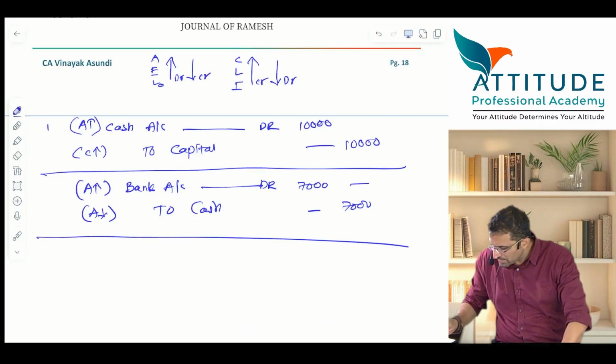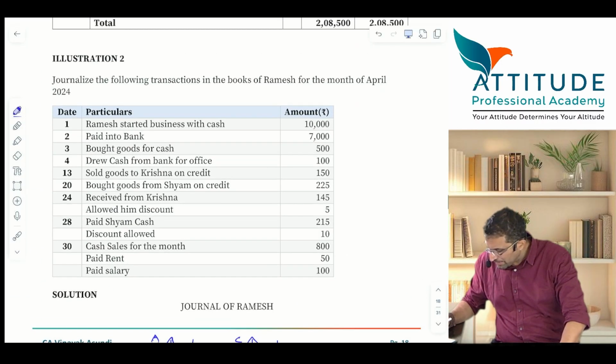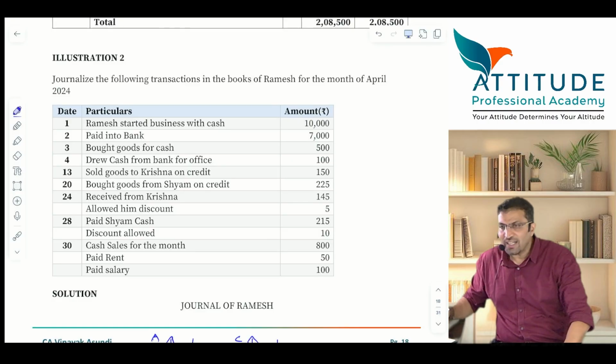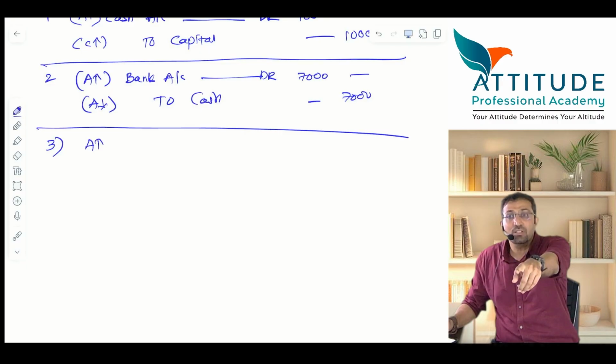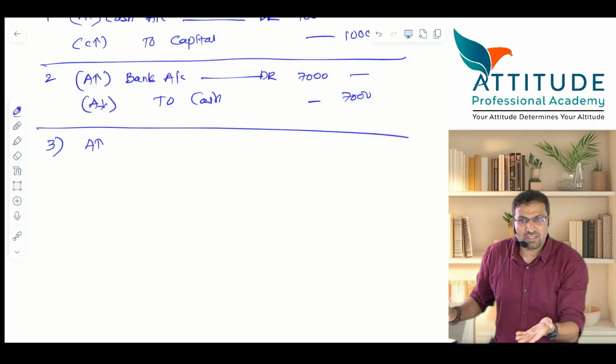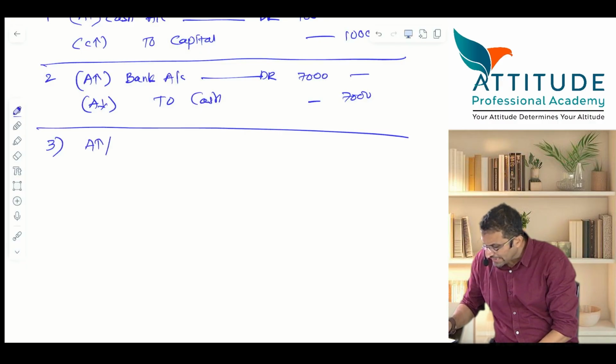Now next, third. This is on first, this is on second, correct? 2nd April. 3rd April, bought goods for cash. Please tell me the entry. Asset increases. Purchases are goods. When you purchase the goods, your assets are increasing. Or can I treat purchase as expenses?